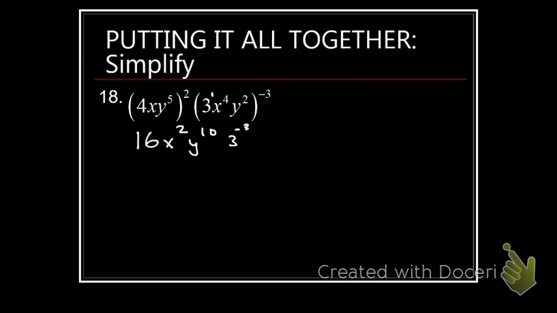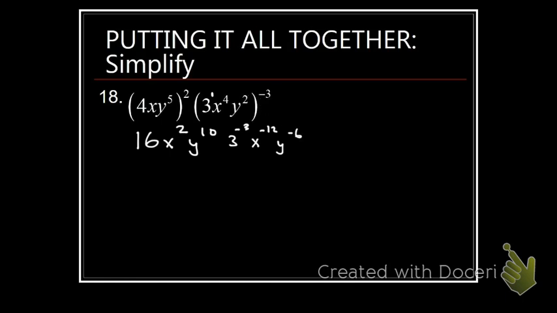Write that. X to the 4 times negative 3, which would be negative 12. Wait, I got ahead of myself there. Excuse me. X raised to a negative 12. Y raised to the, what's 2 times negative 3? Y to the negative 6.